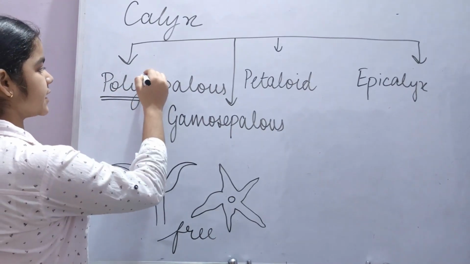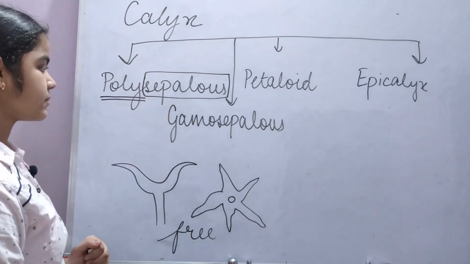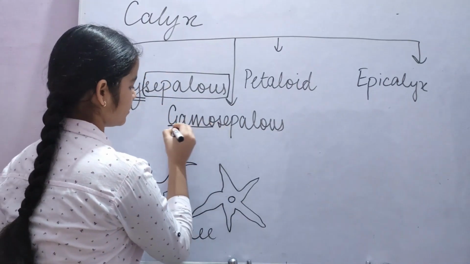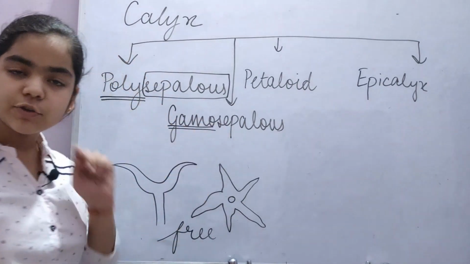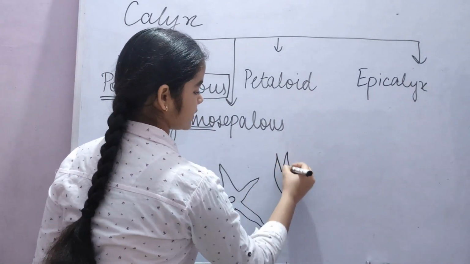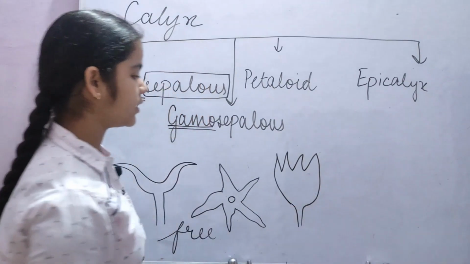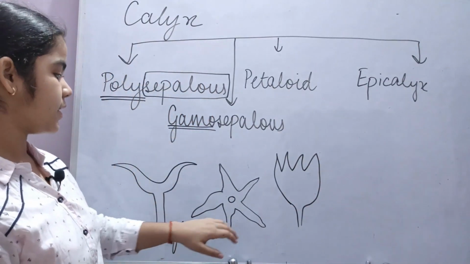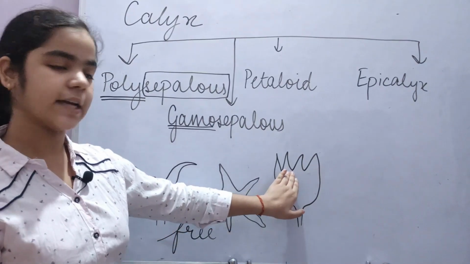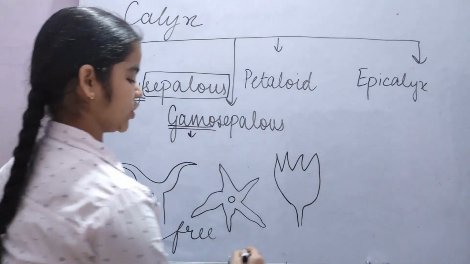Sepalous is for sepal. Next is gamosepalous. Now you might have seen in hibiscus that the structure is somewhat like this. Here these are free, but here they are united. Gamo means actually united or together.